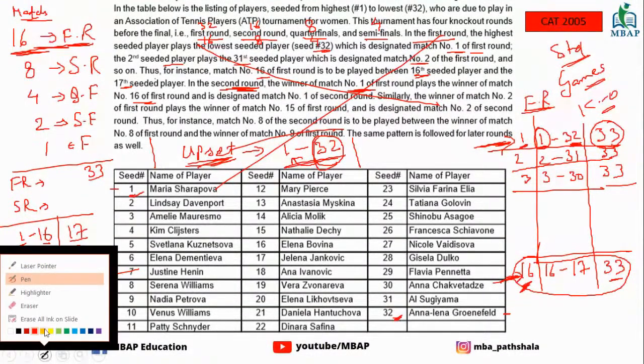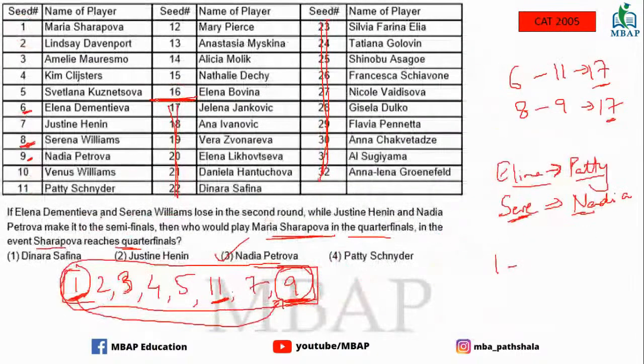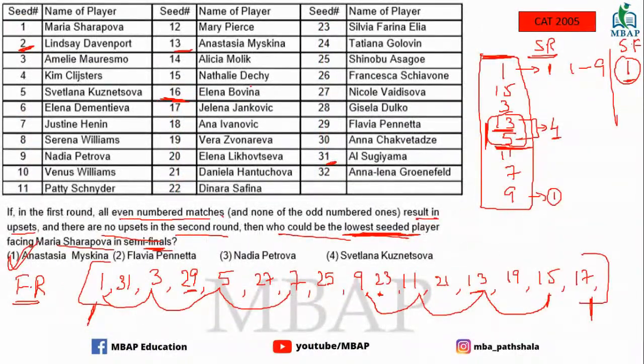Here they had asked you that, I'm just highlighting it for you here, in the second round, the winner of match 1 will play the winner of match number 16. So, Shripad, the same thing happens in quarterfinals also. The winner of match number 1 is going to play the winner of match number 4, right?